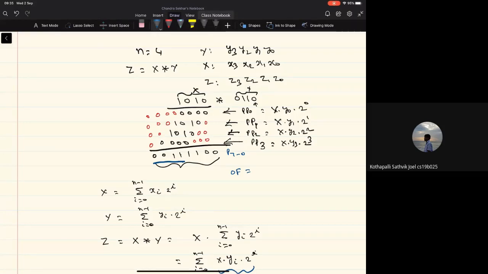And when there is an overflow, when the product exceeds the value of 15, what will happen to one or more of these bits, P4 to P7? At least one of them will be equal to 1. So we can look for that condition.